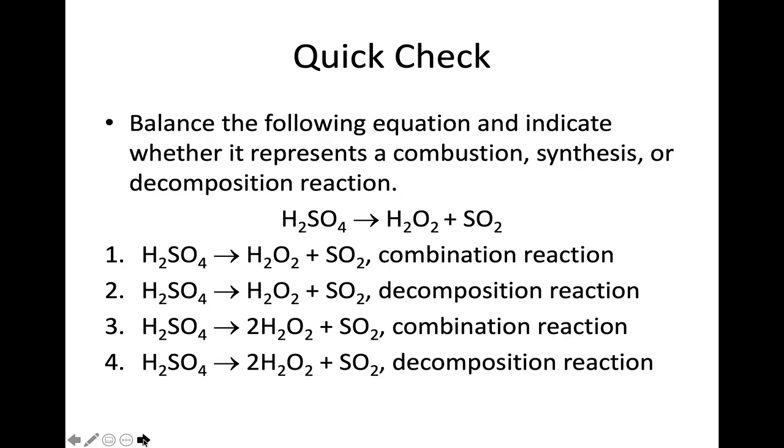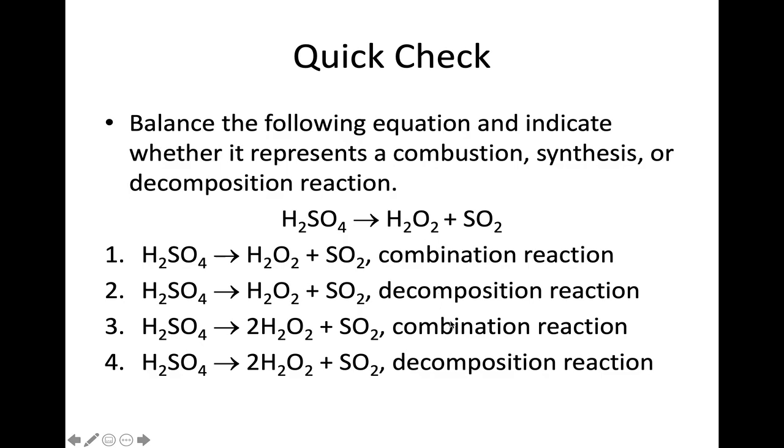Balance the following equation, indicate whether it represents a combustion, synthesis, or decomposition. Sulfuric acid produces hydrogen peroxide and sulfite. First off, look at your types of reactions. Is this a combination reaction, decomposition?